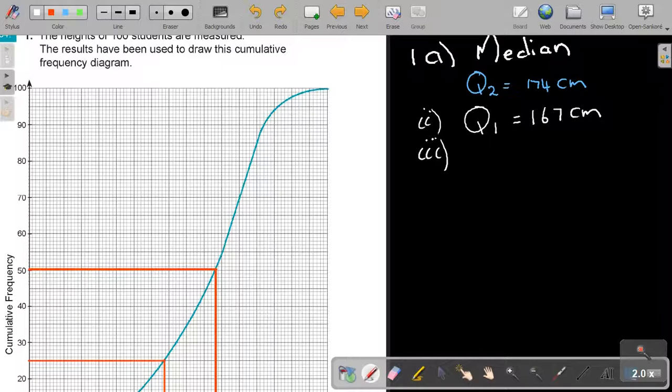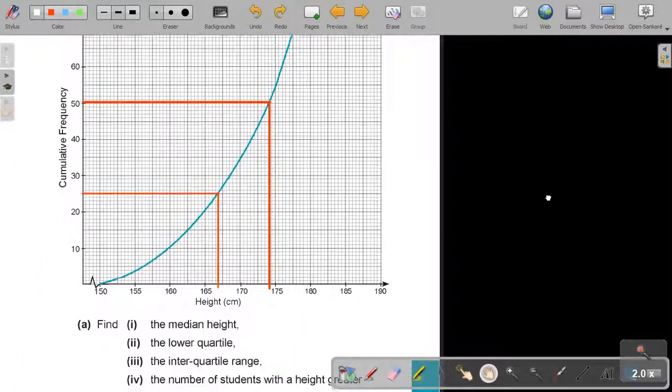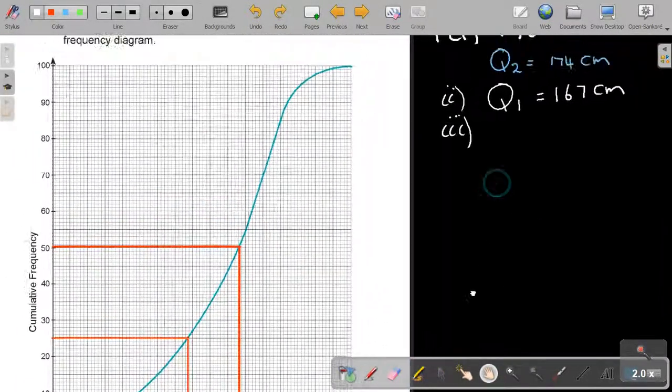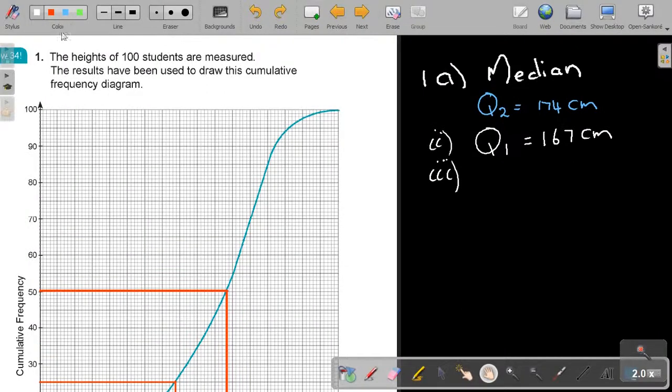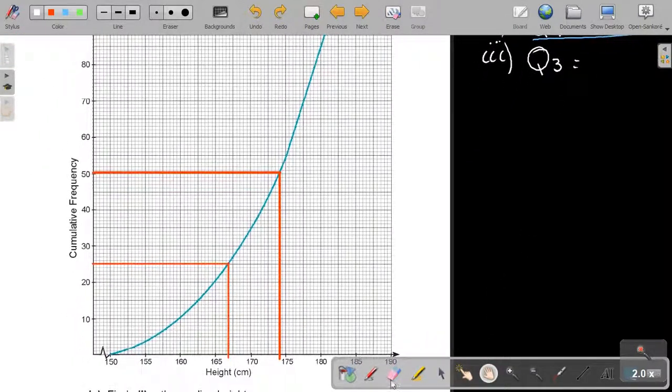Now, if I ask you the interquartile range, you first have to find Q3. So if I look at Q3, let's first find Q3. It's 3/4 of the total frequency, which is 3/4 of 100. It's 75. We're going to read it down. So look at 75. Let's change my color.